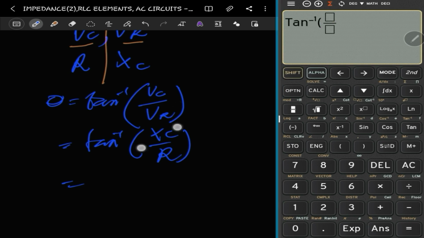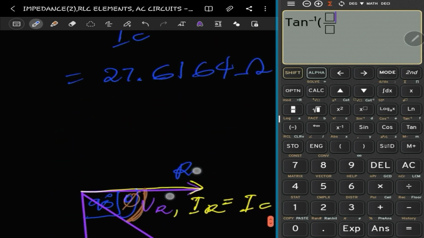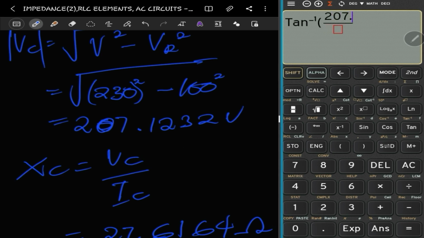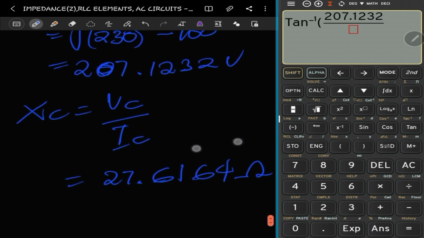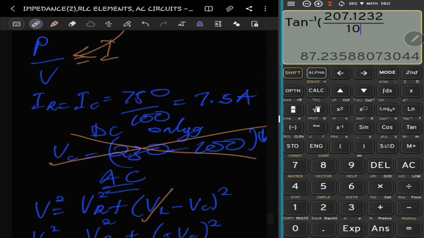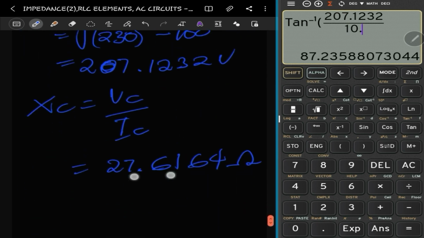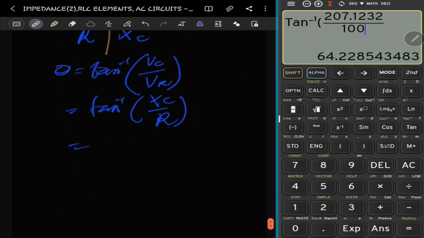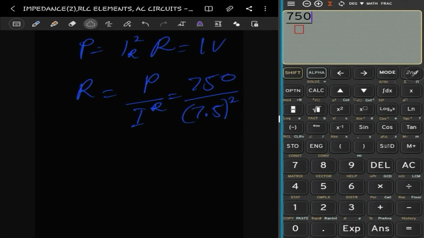So VC, what do we have for that? That's 207.1232, and for VR that's 100. And that gives us 64.2285 degrees.